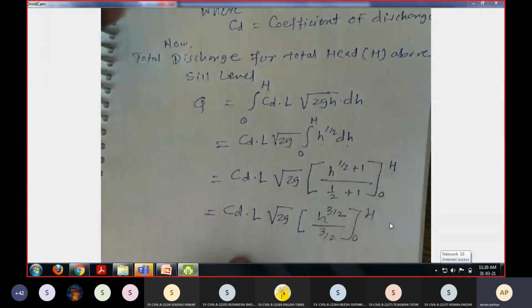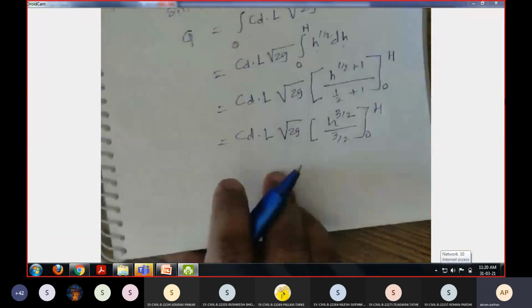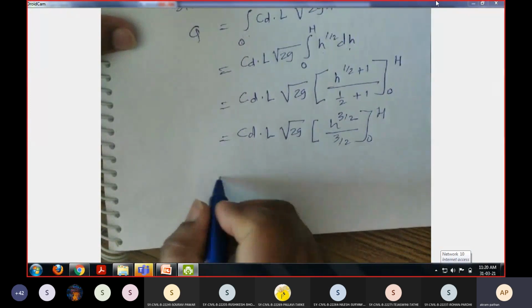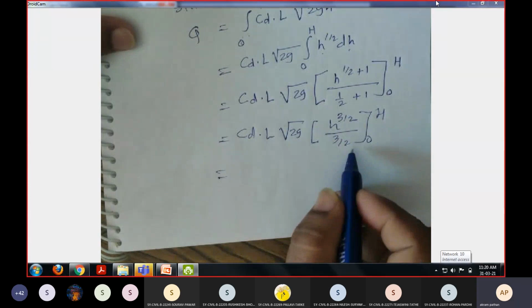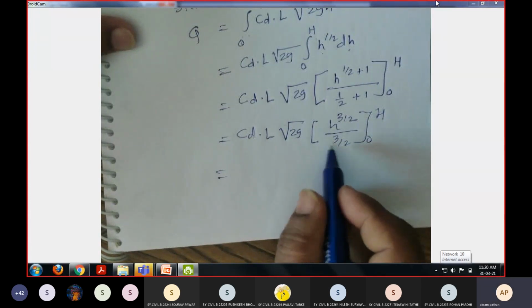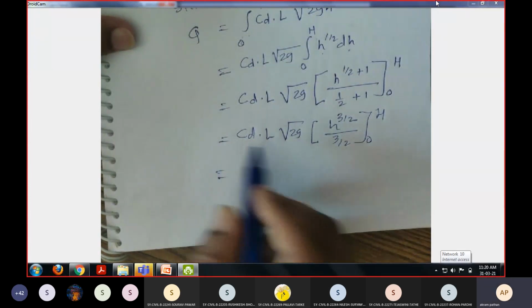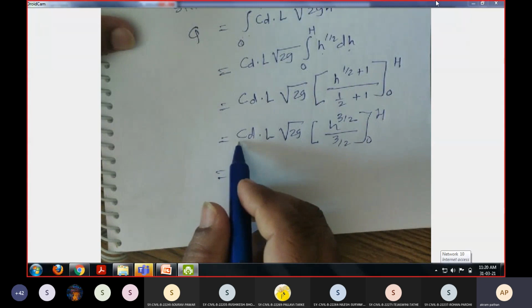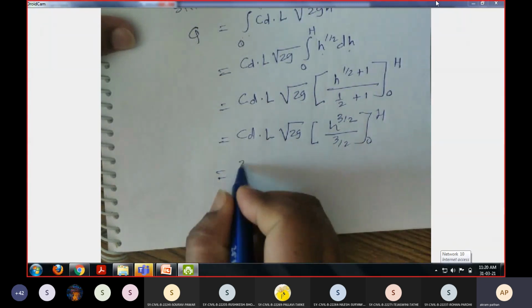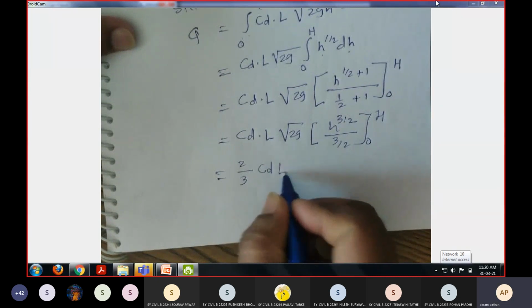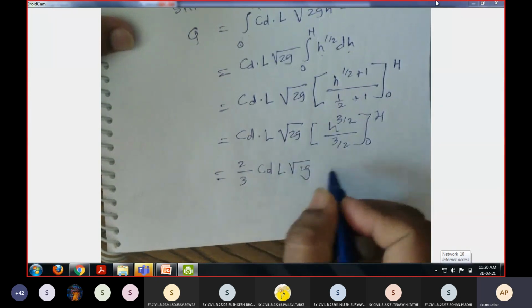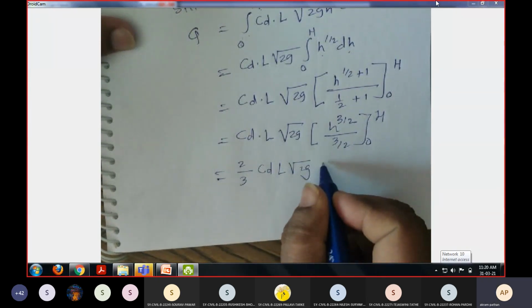Okay, then we have to take this here. This is in denominator. If you take multiplication on this side, so 2 by 3 CD L √2G, then H raised to 3 by 2.